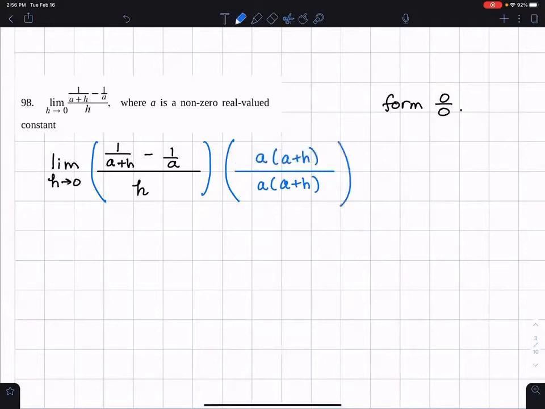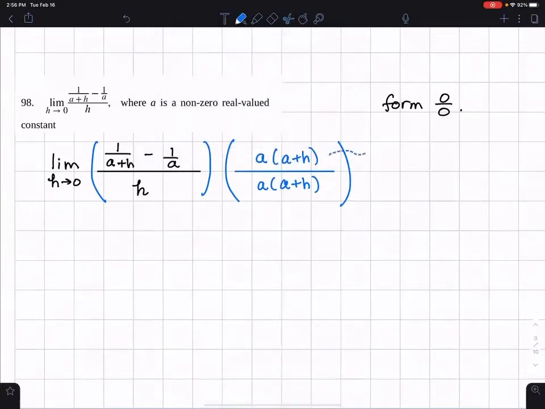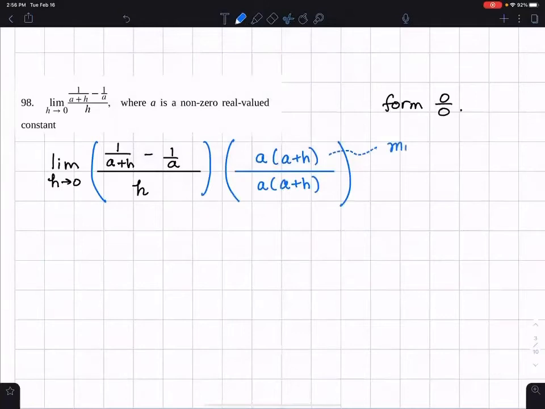Okay, so we multiplied there by the common denominator. Multiply by the LCD, least common denominator.